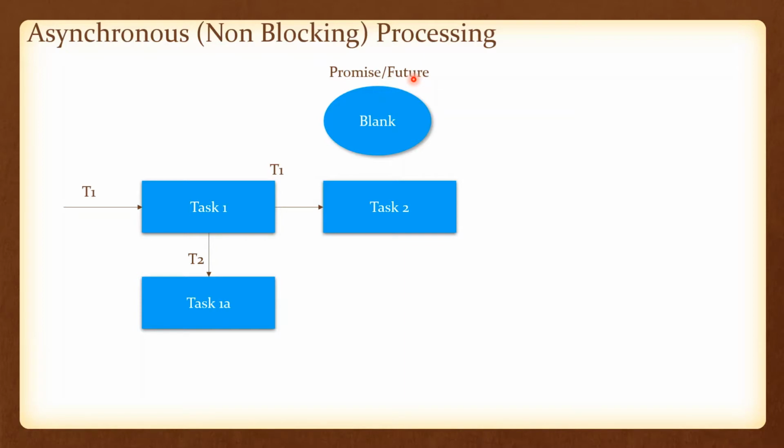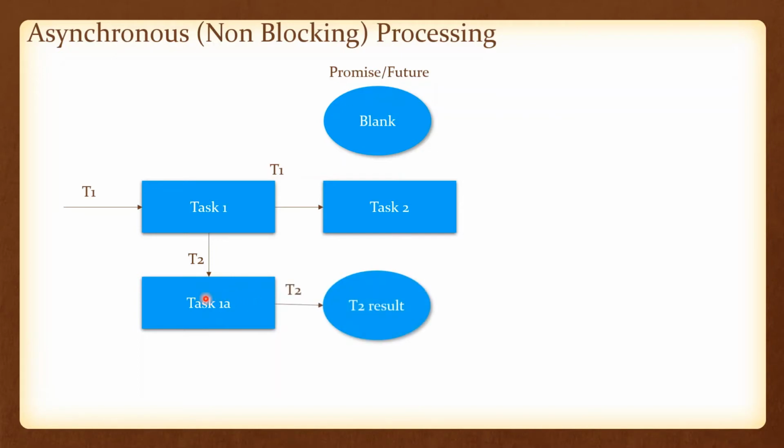Future, as the name suggests, will give some value in the future, not immediately. So an object is populated with no values effectively, right? Another thread will do this task, and T1 is not being blocked. It continues to do its job because all the other tasks are independent of 1A.